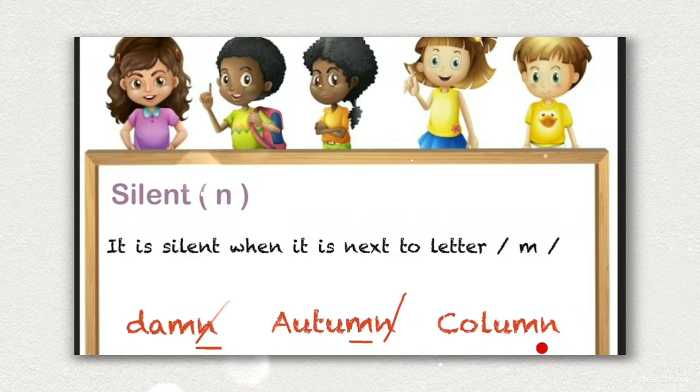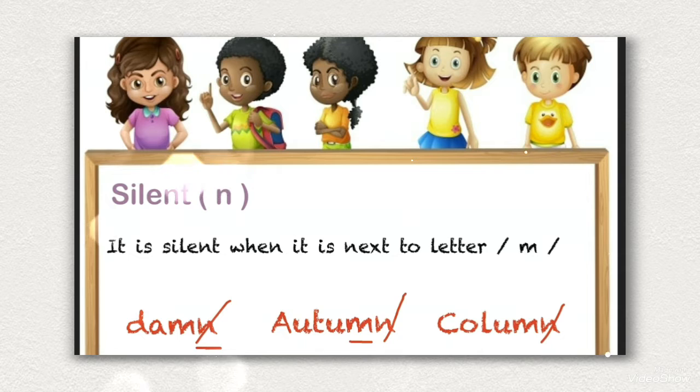And here again I have letter M and then letter N. So letter N is coming after letter M, so I will not read letter N because it is next to letter M. So I will see it as a silent letter. It will be column. Again, column.